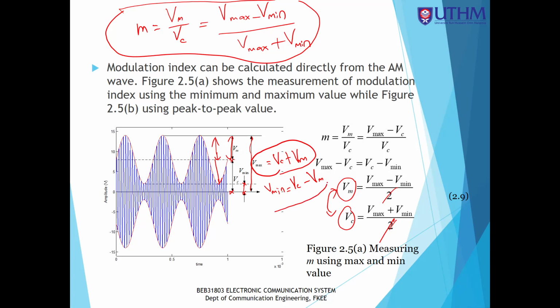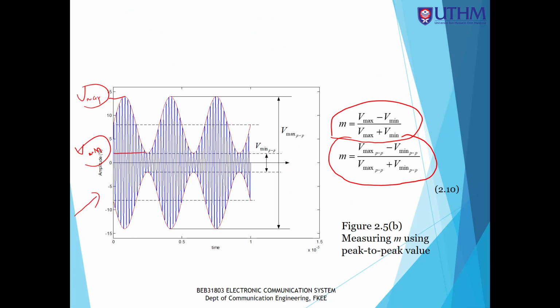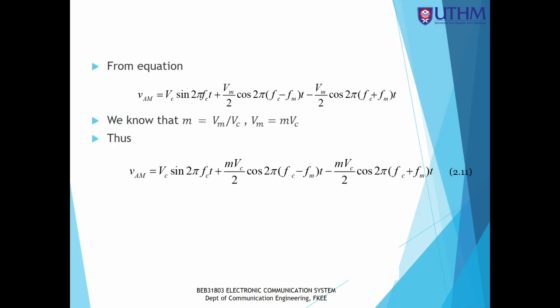Vmin is equal to Vc minus Vm. So therefore, from the given equation, VAM can be defined as Vc sine 2 pi fct.